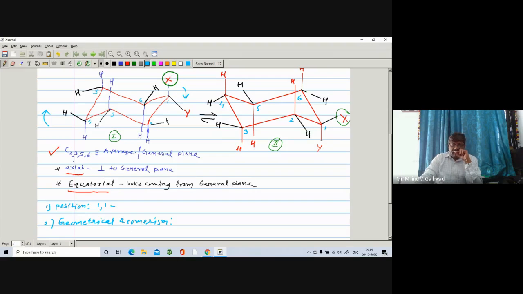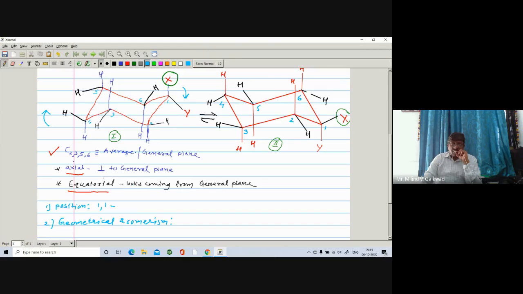Now, when you learn geometrical isomerism in cycloalkanes, you have to check whether it contains any elements of symmetry or not. Geometrical isomers means cis-trans isomers.